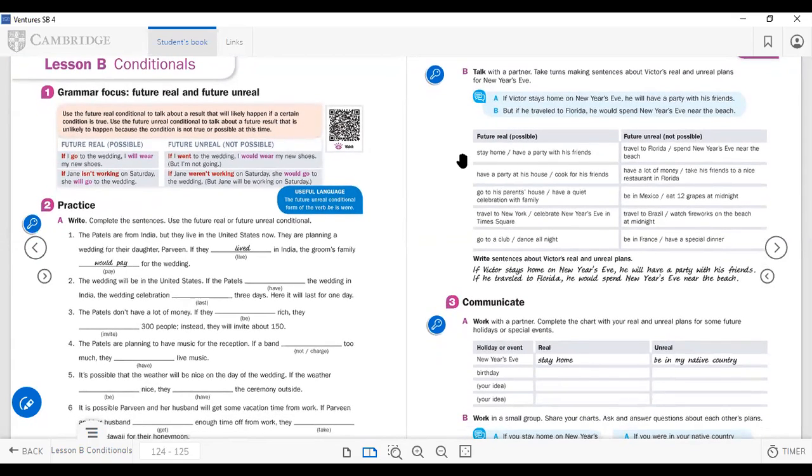So after you have completed this exercise, you know that you want to provide more resources, because they need to practice more. So what am I going to do? I'm going to go back to the Burlington software, and I'm going to find which lesson from Burlington is going to help me with this activity, which is conditionals, or the second conditional, just to pick one of these.